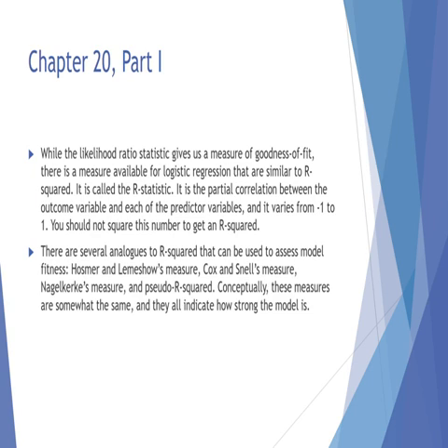Now, I think this will be the last point I'll make here, because we're kind of running long in this video segment. We'll pick it up next time. But let me say that there are several, not just this R statistic, but several analogs, meaning similar statistics similar to R squared, which are appropriate for logistic regression, that help tell you how strong of a model you have.